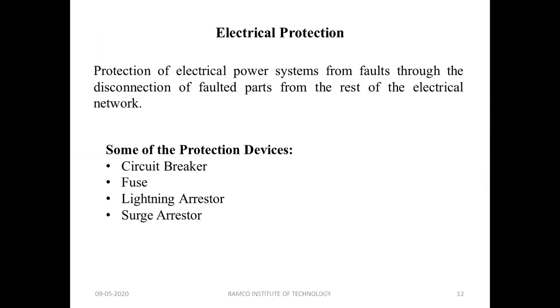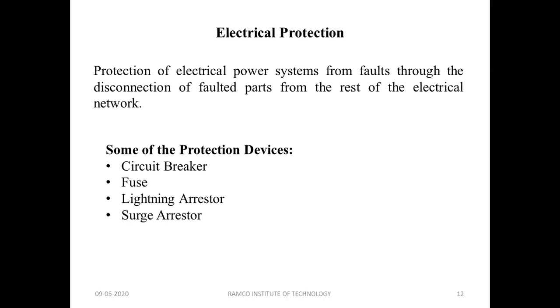Then lightning arrestor. I hope we all know lightning, right? Lightning is a very big source of fault as far as the electrical circuit is concerned. If any lightning falls on your transformer or any post, immediately major accidents may happen. So we need to have a protection system against lightning.